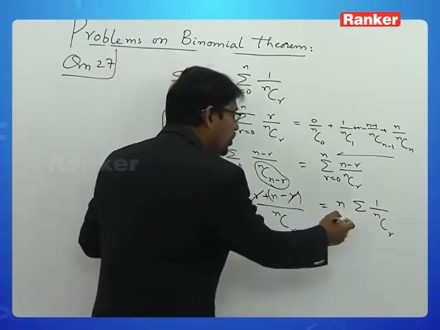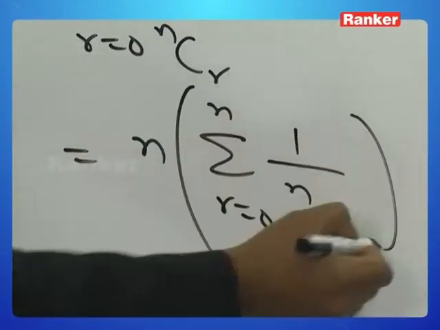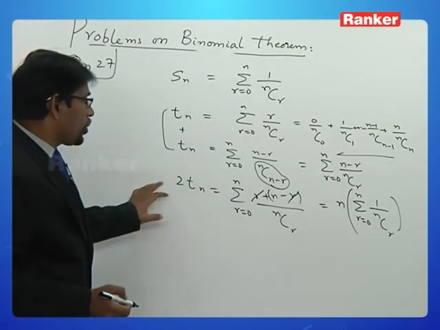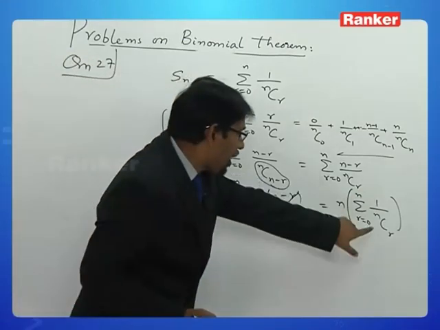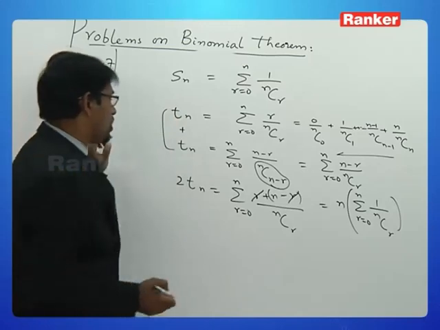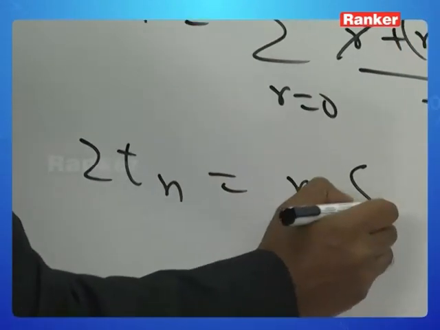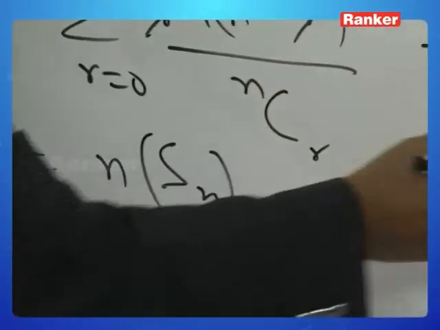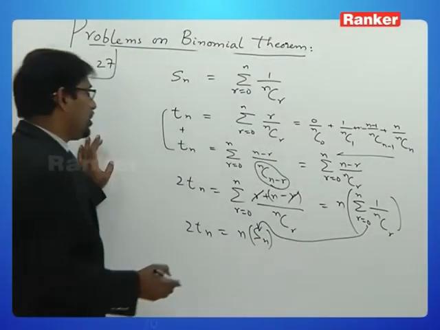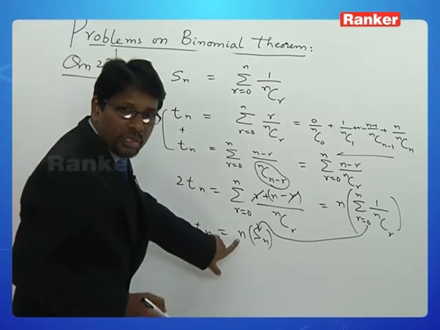So n into 1 by nCr, sigma r ranging from 0 to n there. Go back to see what is this 1 by nCr summation, r ranging from 0 to n, that was given to be Sn. So we have 2 into Tn is therefore equal to n into Sn.